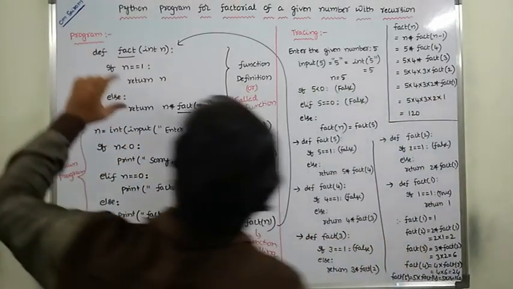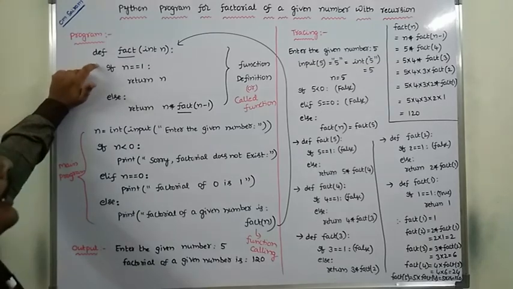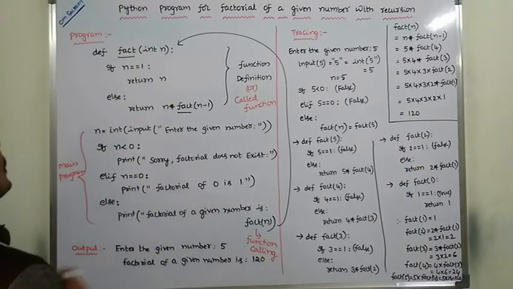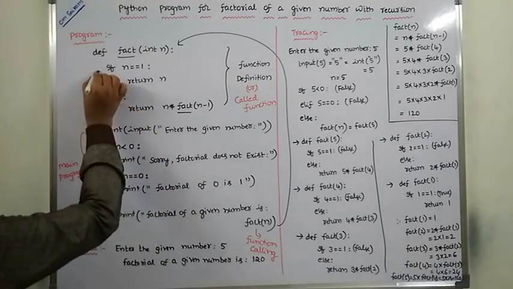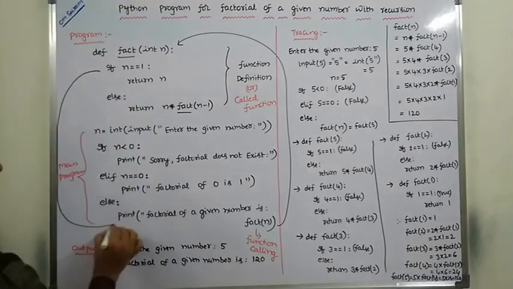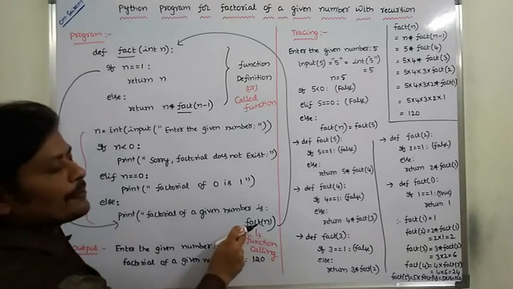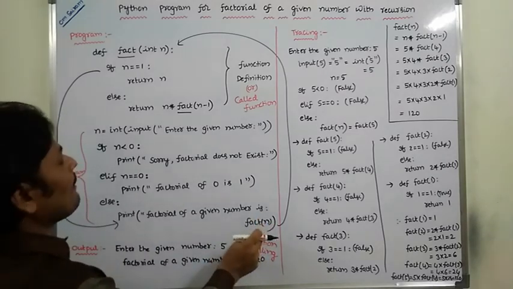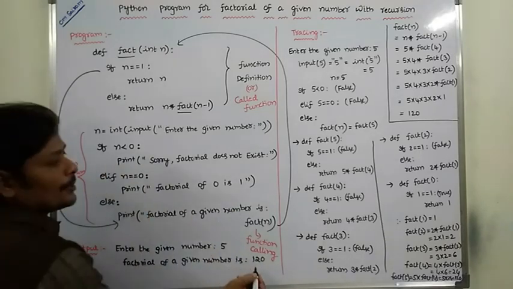After getting the value 120, the control goes from the called function to the calling function. Here the calling function is fact of n, that is fact of 5. The fact of 5 value is printed. So what is the value?